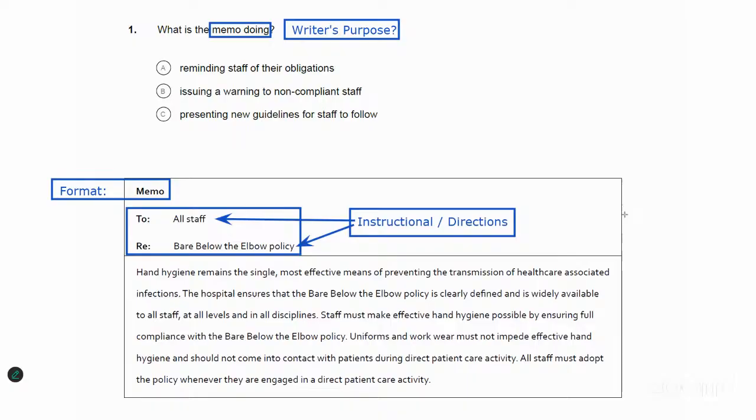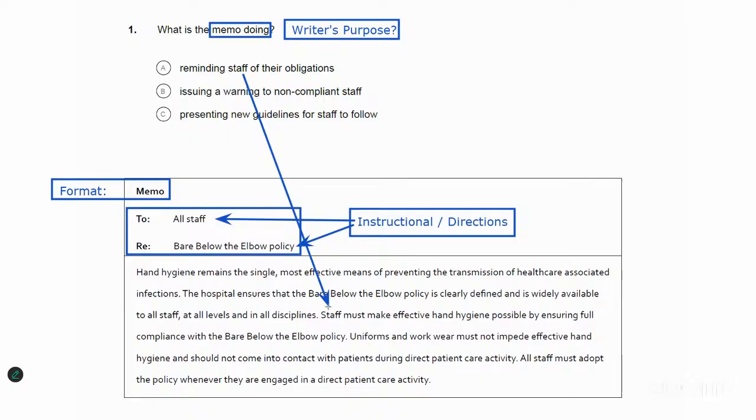Now what is the text saying here? Staff must make effective hand hygiene possible by ensuring full compliance.